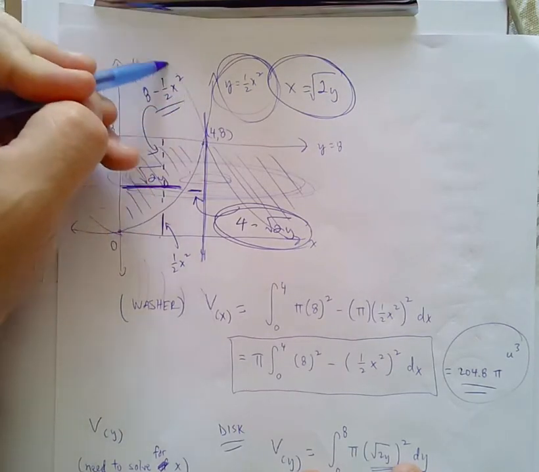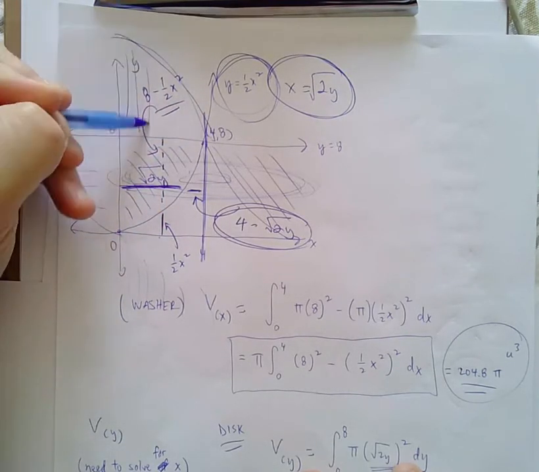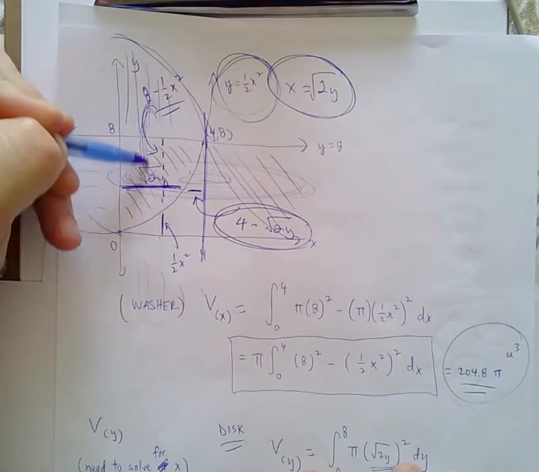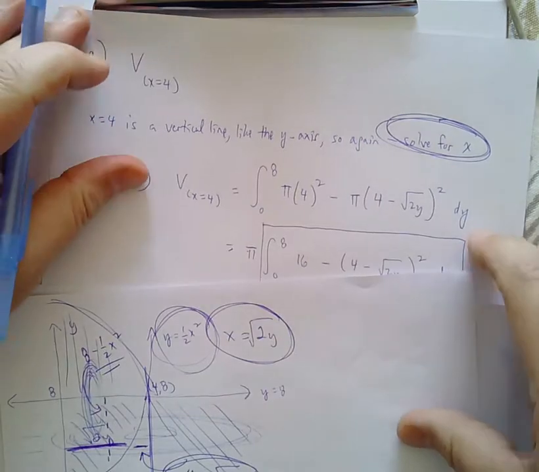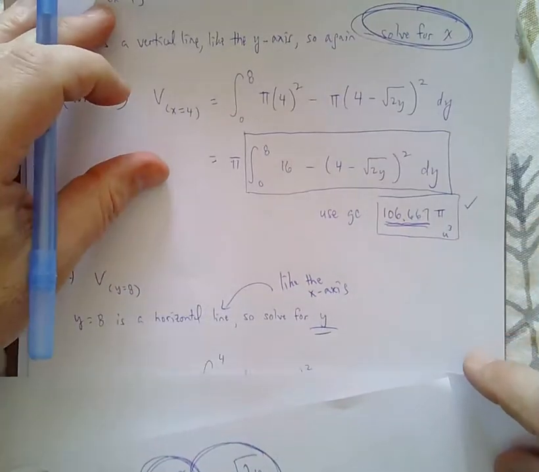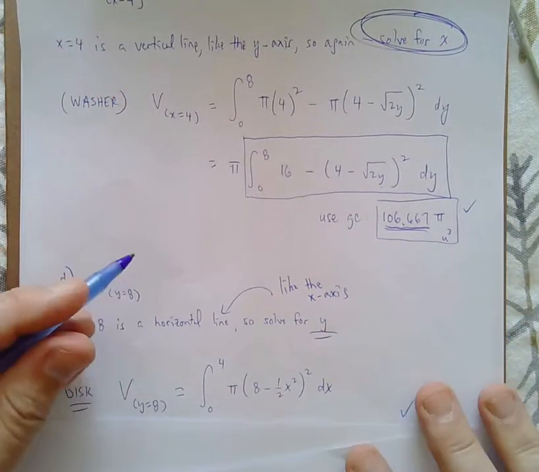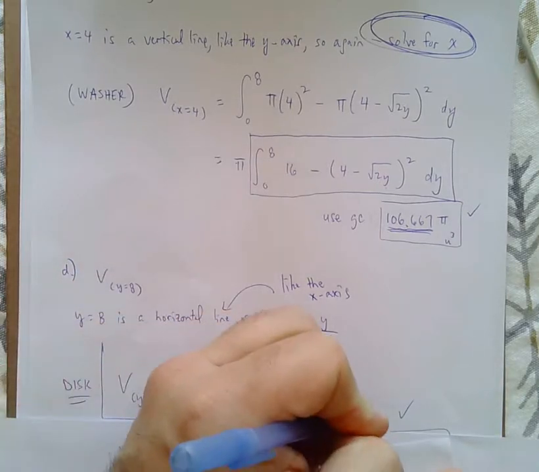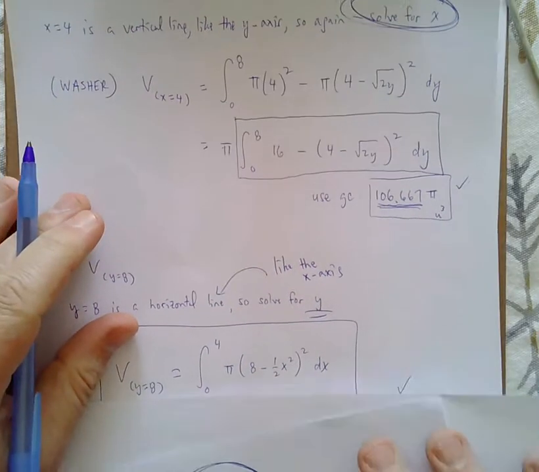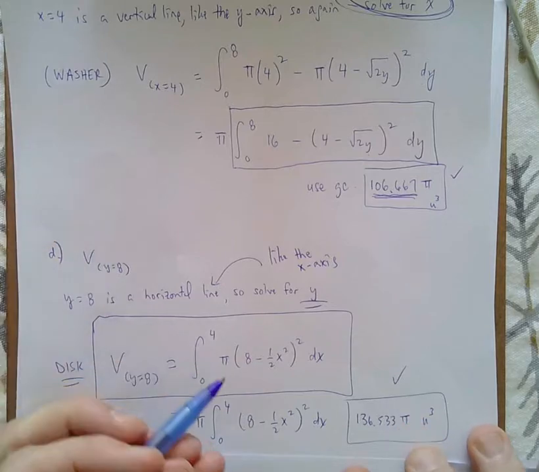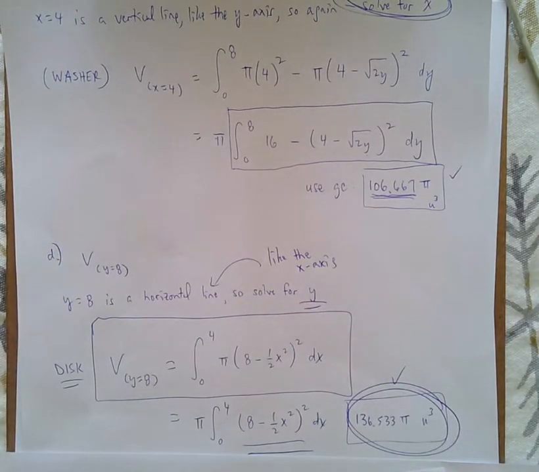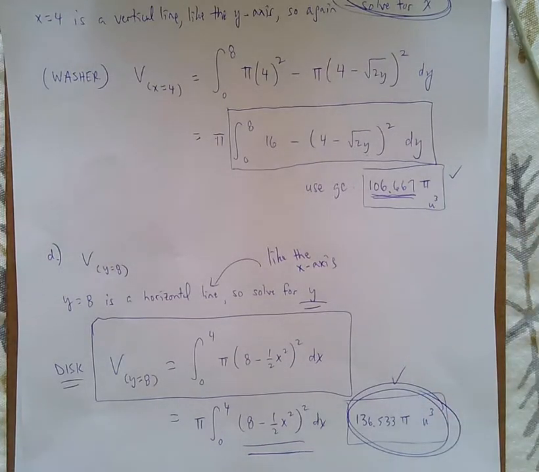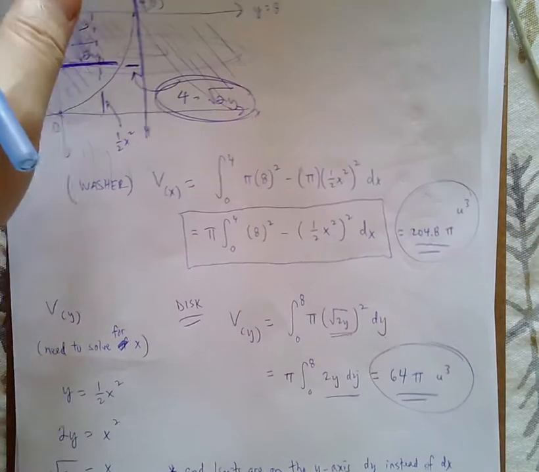And when I rotate that around y equals 8, I get that bowl shape this way. So it is a disk, and I can set the integral up this way. So see if that makes sense. And again, pull the pi out and use your calculator and see if you get that answer. And that would be my suggestion for the first problem. And that should help you out.